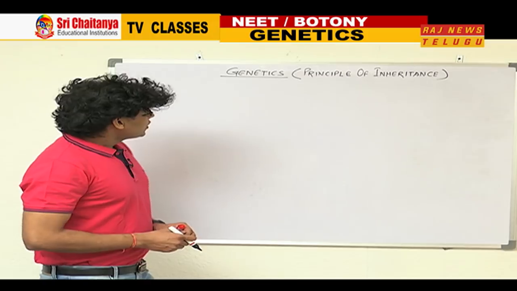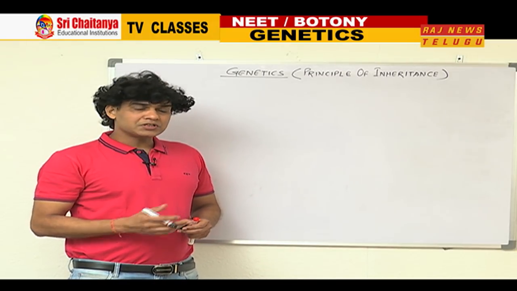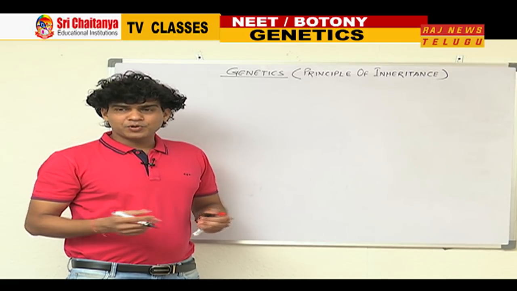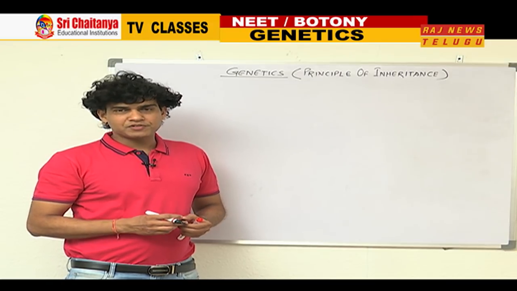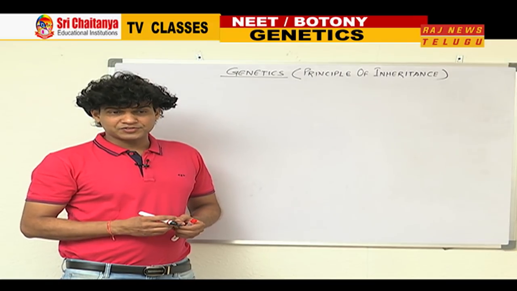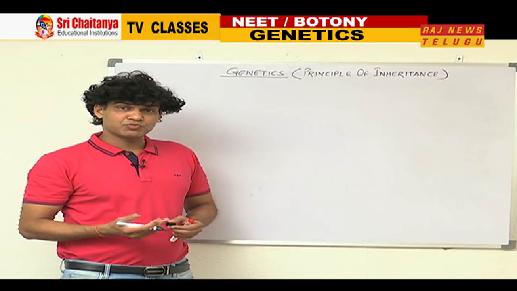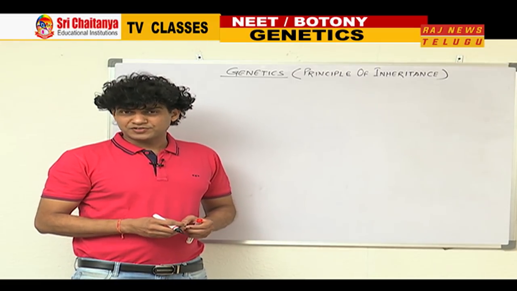Before going into the concepts of genetics, just think about the large diversity of plants you have observed. In junior sections you have studied plant and animal diversity, various kinds of plants: algae, bryophyta, pteridophyta, gymnosperms, angiosperms. Similarly, you have studied various kinds of animals.